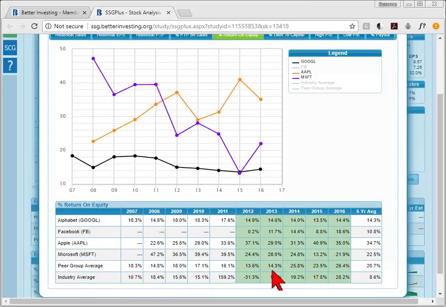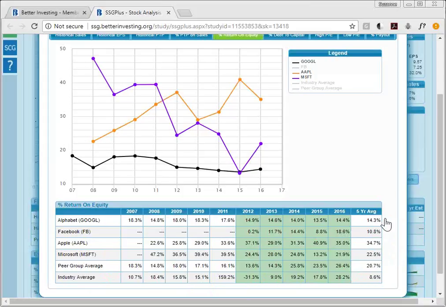So when we look at return on equity, in this case, the peer group average for large internet companies, return on average is a little bit higher than we're seeing with Google, and higher than we're seeing on average with Facebook. Apple's got a great return on average that's significantly larger than the other ones. So you can use that as a helpful guide as you're trying to figure out if this company is worth further study.